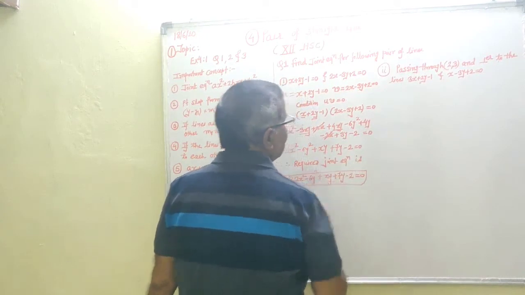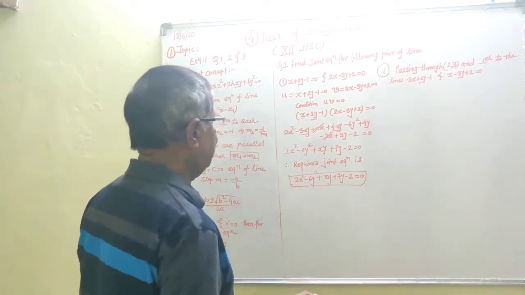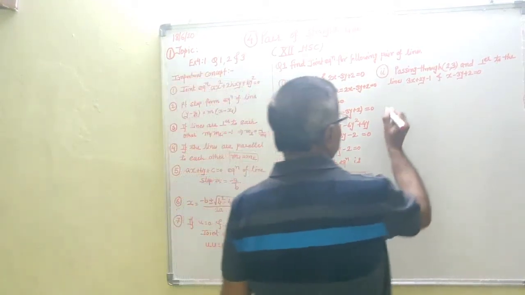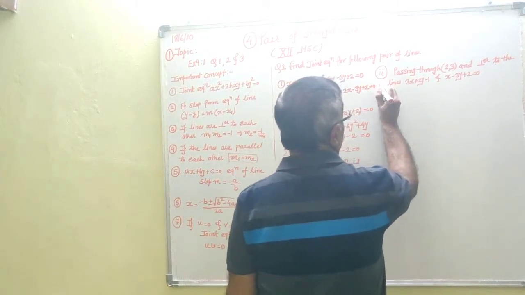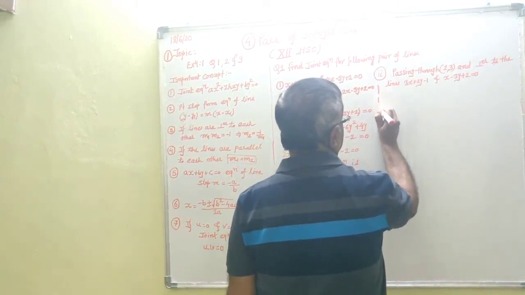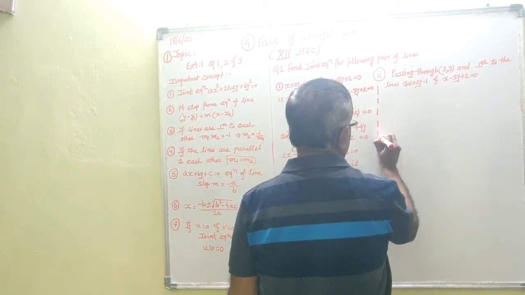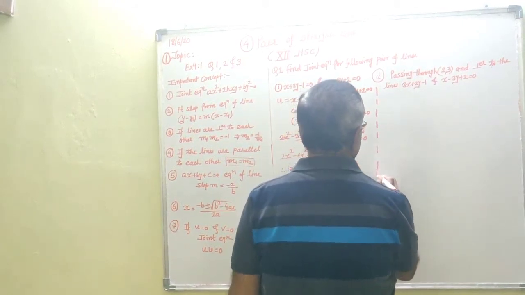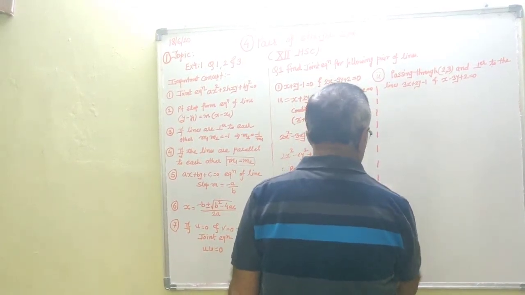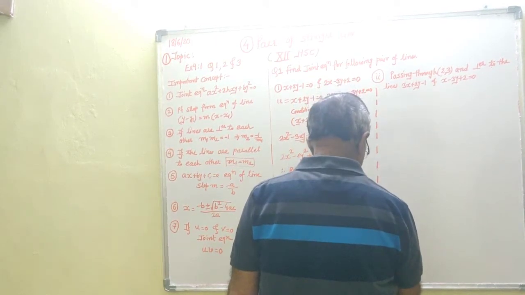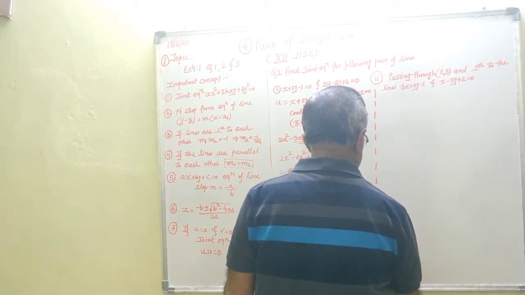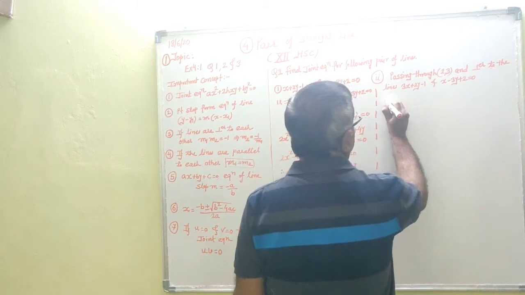Okay. Now we will go to another problem in which the equation of a line passing through the point (2, 3) is required. Here the point is given and the equations of two lines are given. Now I will consider the first as u. What is u?